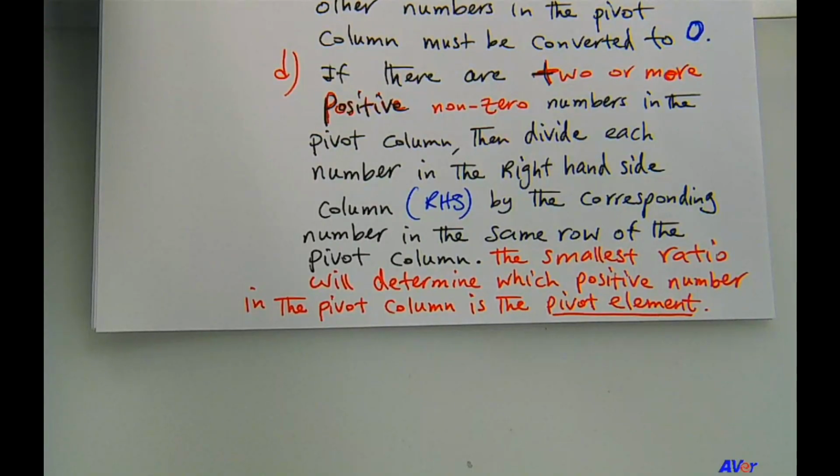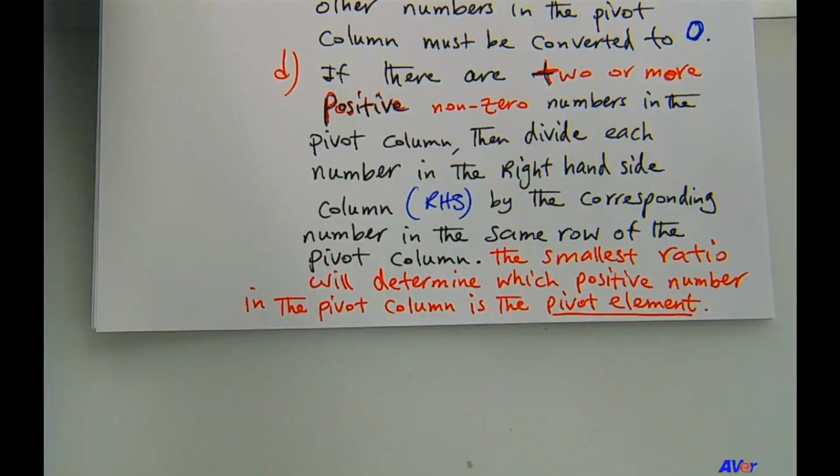Now, the row that contains that number is going to be our pivot row. Remember what we use the pivot rows for from the Gauss-Jordan method? It works the same way here. We will use the pivot row to convert the other numbers in that pivot column to 0.